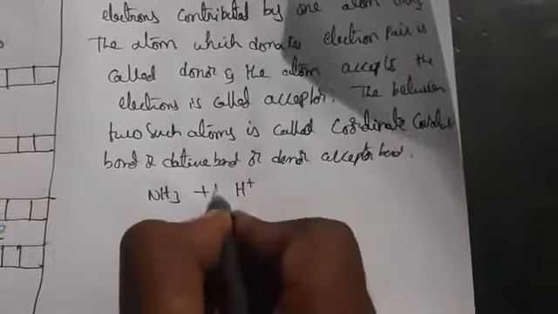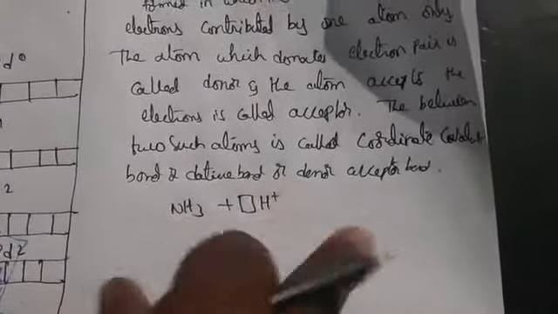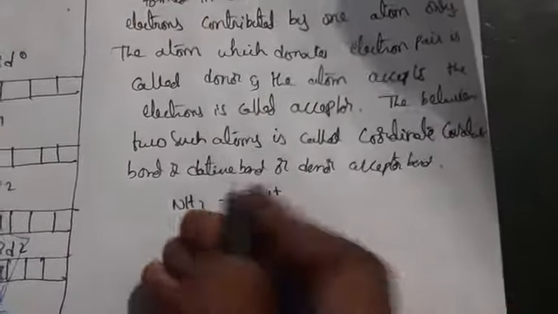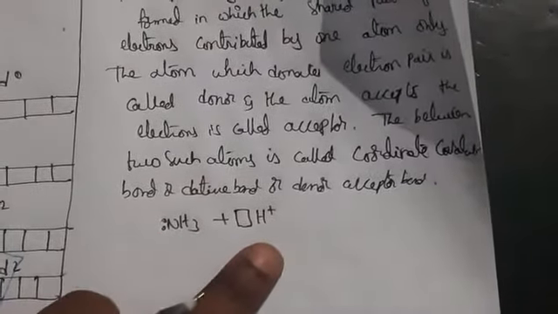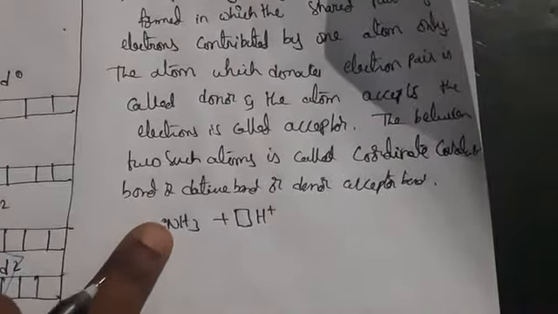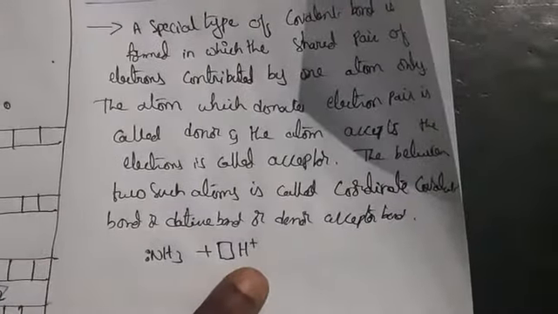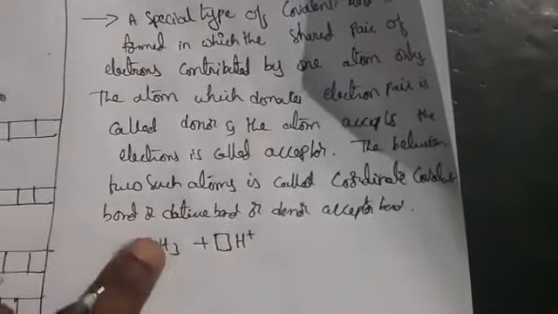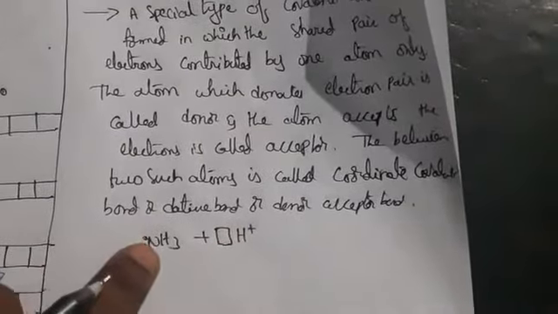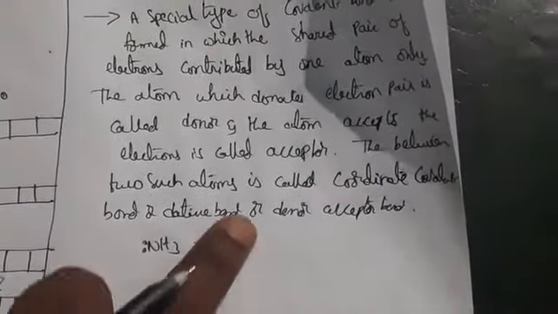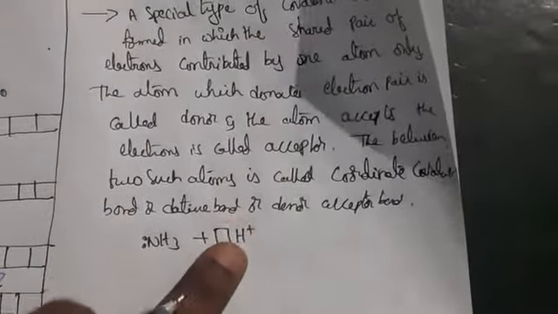H+ has atomic number 1, and the plus indicates a loss of an electron. NH3 has electrons, so H+ will accept electrons from N. N is donating electrons to H+, so we call N the donor. H+ is accepting the electrons, so we call it the acceptor.